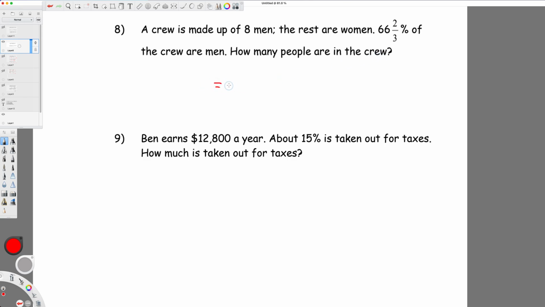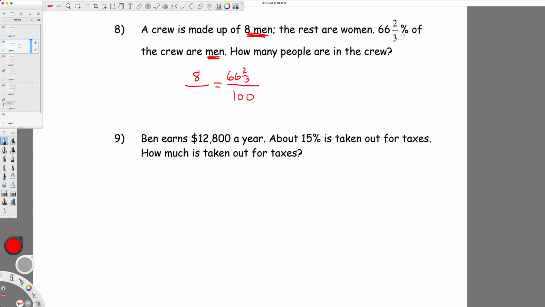So the percent is kind of a messy 66 2/3, and it's always out of 100. So there we go. It's locked in. This 66 2/3 of the crew are men, and it says there are 8 men. So this percent is the percent that are men, and this 8 is the number that are men. So they're both representing the men, so they go in the same position.